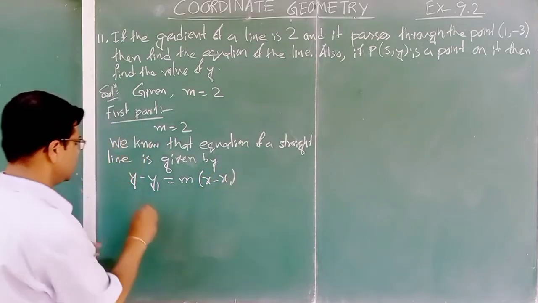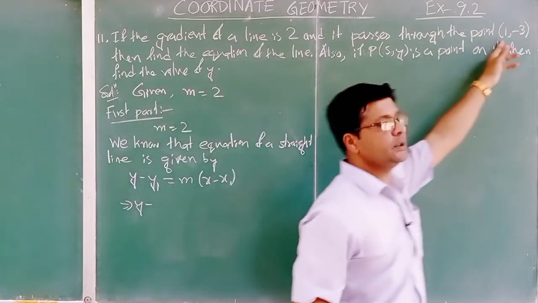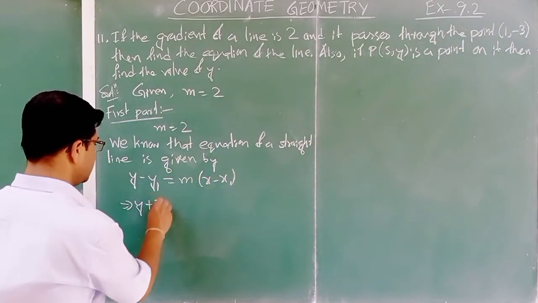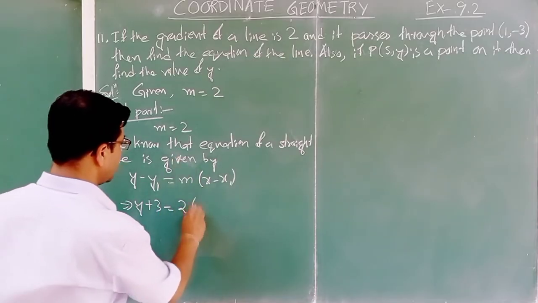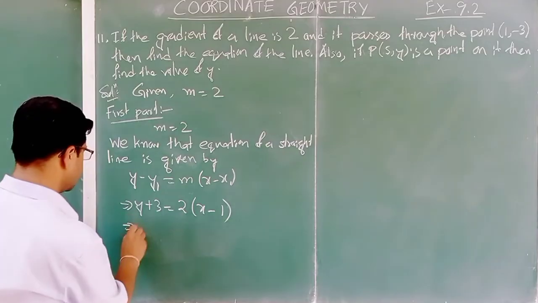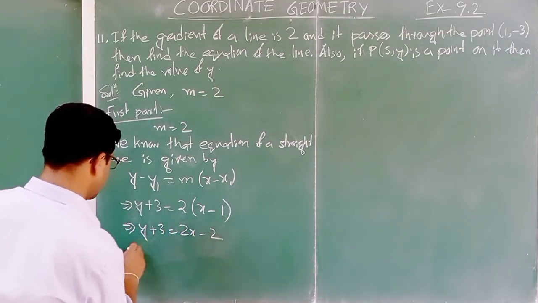Can you remember this? Yes. Here x1, y1 is the point, so y1 is minus 3, so y plus 3. m is 2. x minus x1 is x minus 1. So let us simplify: twice (x minus 1), which is twice x minus 2, correct?